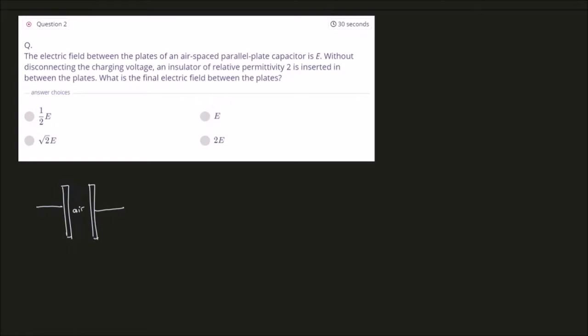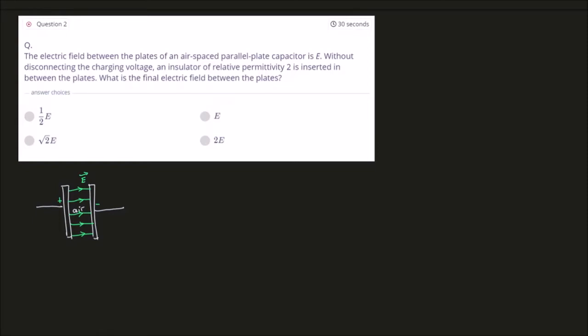Inside here, because it is oppositely charged, you have a uniform electric field in between the two parallel plates. This is how you produce a uniform electric field. So this is the electric field E.